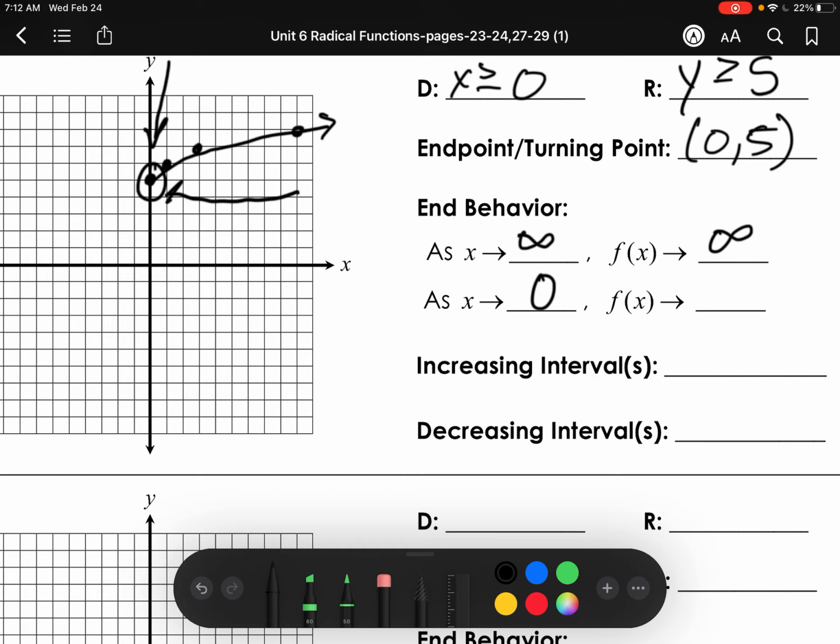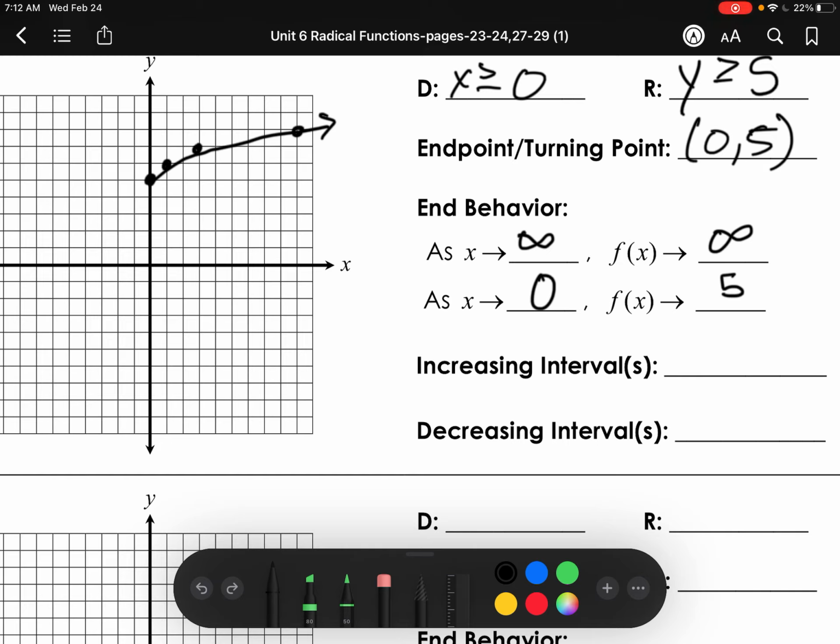And they're decreasing towards where the y value is 5, because it can't approach negative infinity. It also is not going to approach 0 because you can never have a y value of 0. So as x approaches 0, our output, or f of x, is approaching 5. It's approaching this point right here at 0, 5. So our y value there is 5, and that's what it's approaching.